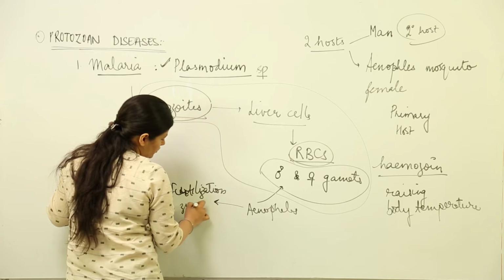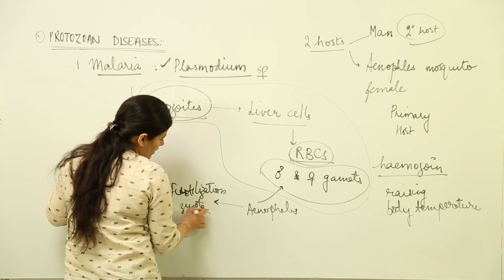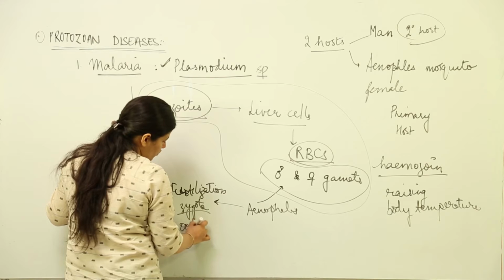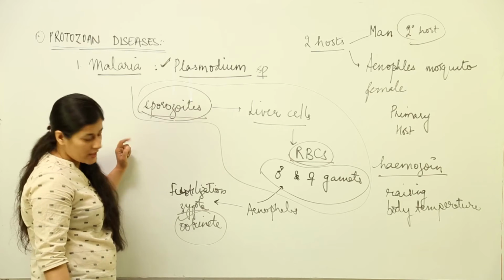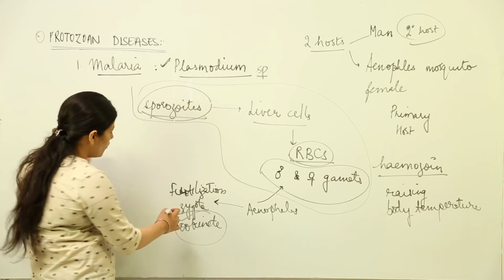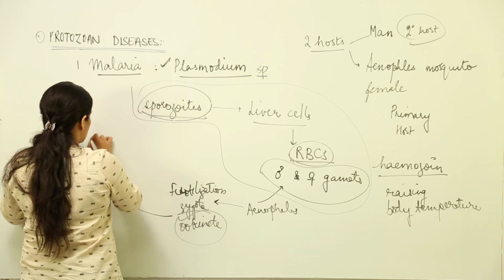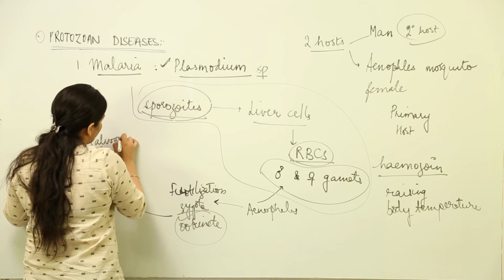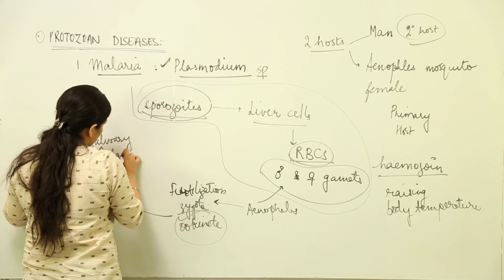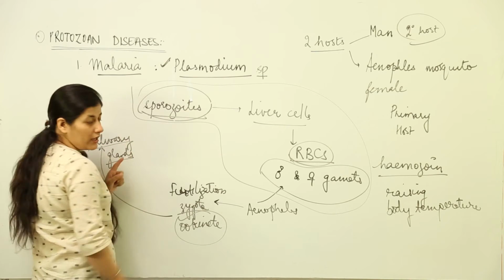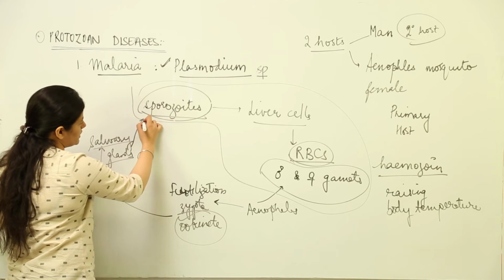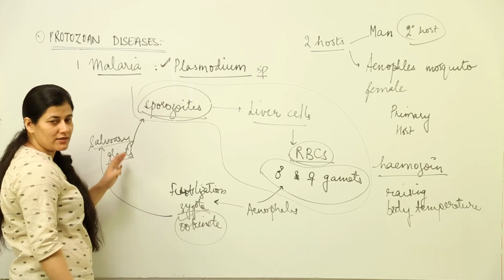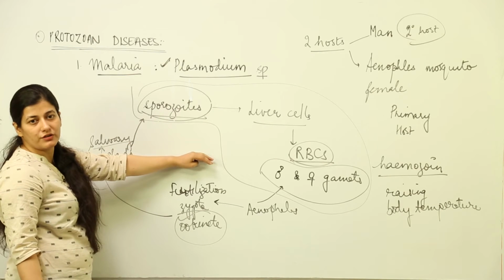Fertilization results in the formation of a zygote. It forms a stage known as ookinete inside the lining of the digestive system. This ookinete moves towards the salivary glands of Anopheles, where it gets converted to sporozoites, and these sporozoites, whenever the mosquito is going to bite someone else, would be transferred to the human being.